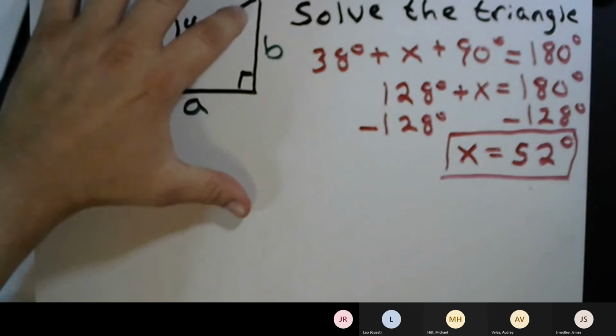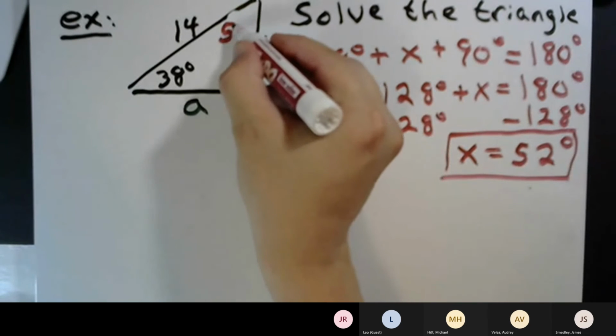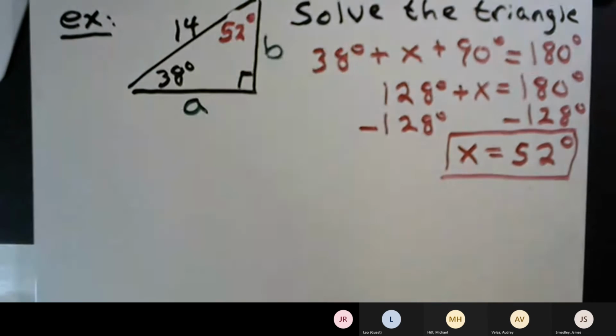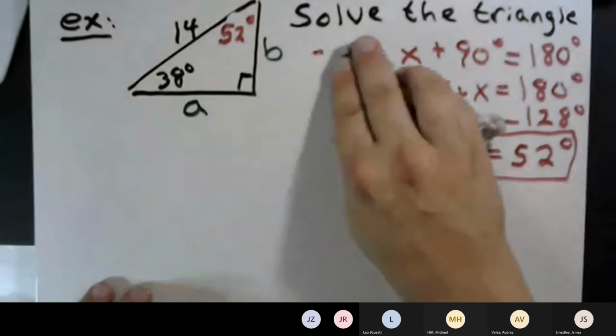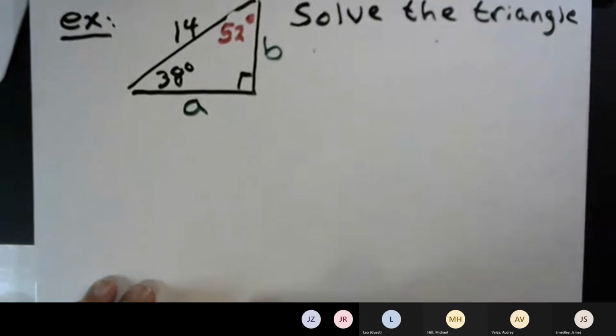So now we've got that figured out. What do we do about A and B? Well, we have done a little work with the sides of a triangle, solving for an X when we use the Pythagorean theorem.